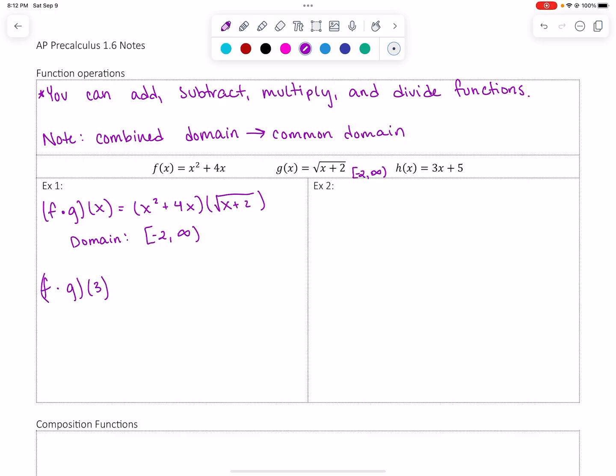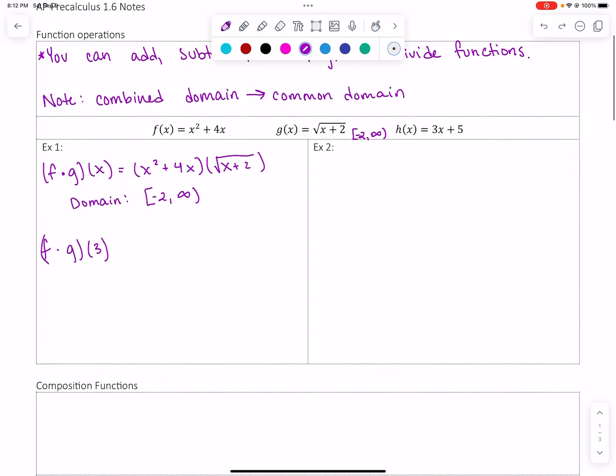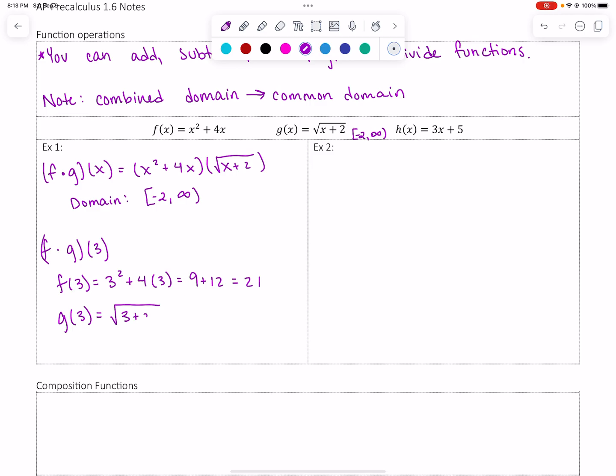For example, here we're going to take f times g of 3. And option 1 is that we're going to find f of 3 first. So we're going to plug in 3 squared plus 4 times 3. 9 plus 12 is 21. And then I'm also going to find g of 3, which is the square root of 3 plus 2, which is the square root of 5.